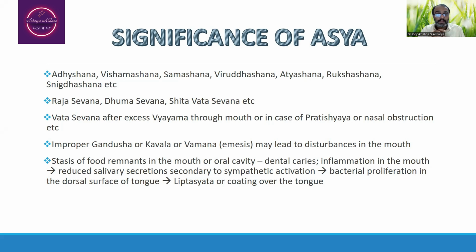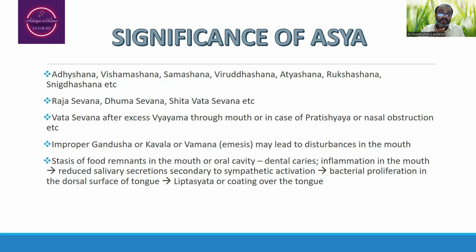When there is inflammation in the mouth, it will lead to sympathetic nerve stimulation. When there is sympathetic nerve stimulation, there may be reduced salivary secretion, and reduced salivary secretion will lead to bacterial proliferation.